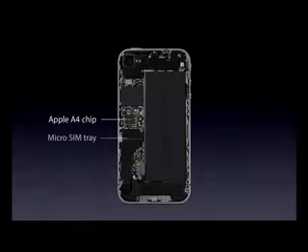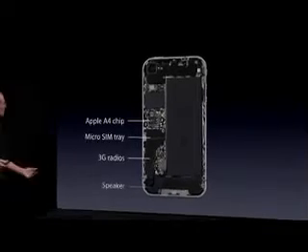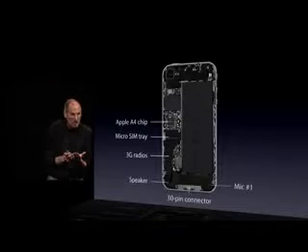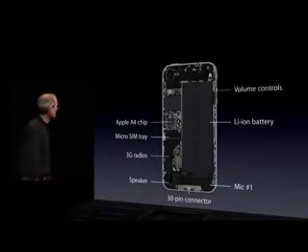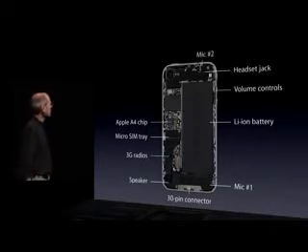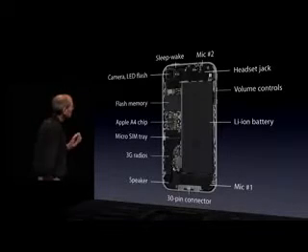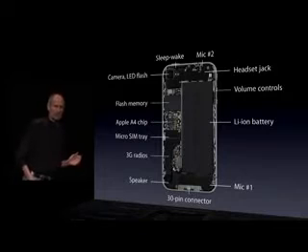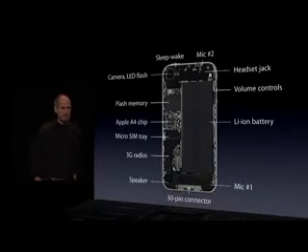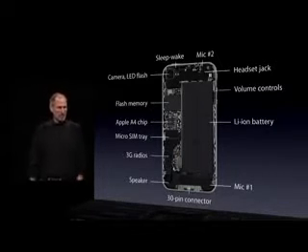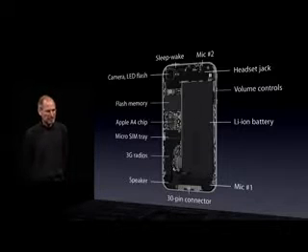And let me just point out some of the other things. There's the micro SIM. We went to the micro SIM because it's smaller and we need the space. The radios, the connectors. You can see that the biggest single component in the phone is the battery. We've been able to make the battery a little bit bigger. And so that's where everything is inside the phone.